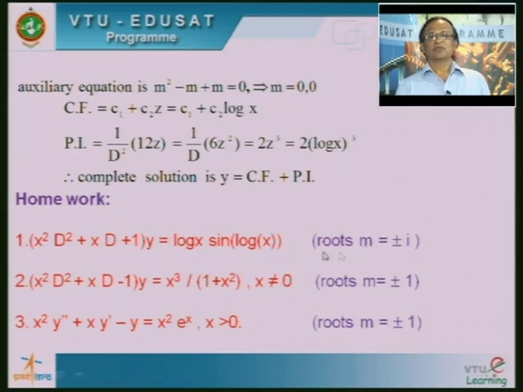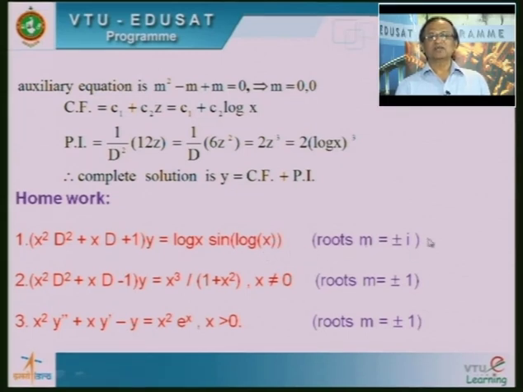I hope you may get roots complex, with alpha equal to 0 and beta equal to 1. First write down the complementary function and replace log x by z. It becomes a function of z. On the basis of the right hand side, find the particular integral. Then the general solution becomes complementary function plus particular integral.